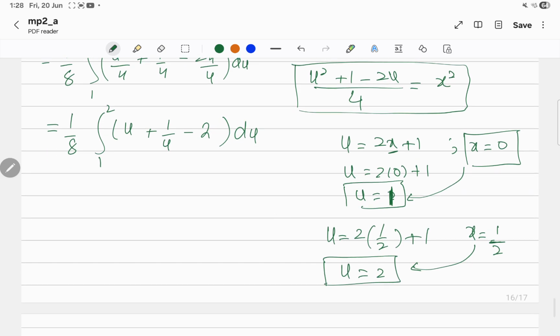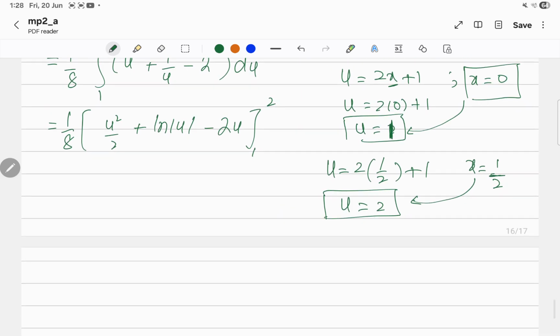Now if you apply the integral, it will be 1 over 8, u square over 2 plus, since you know the integral of 1 over x is ln of x, ln of u, minus 2u, with limits 1 to 2.